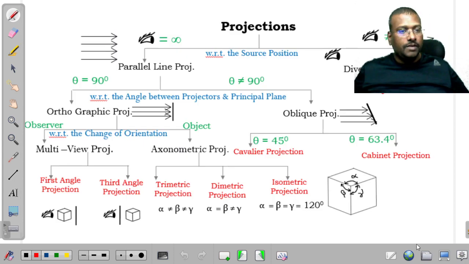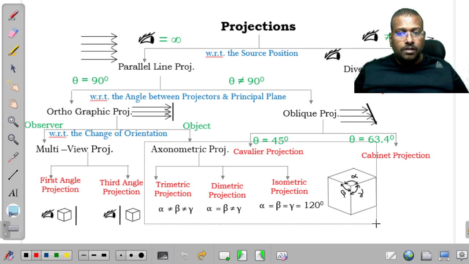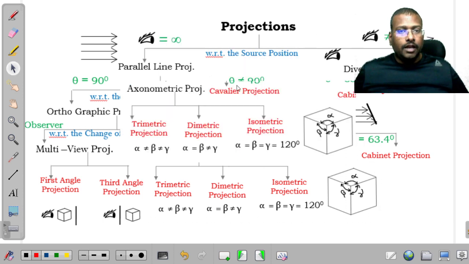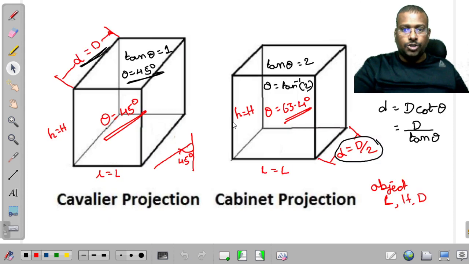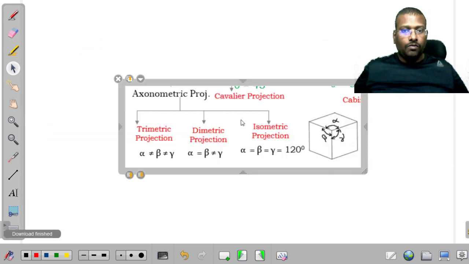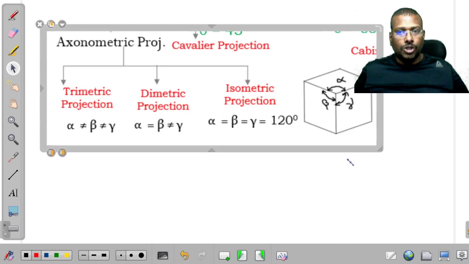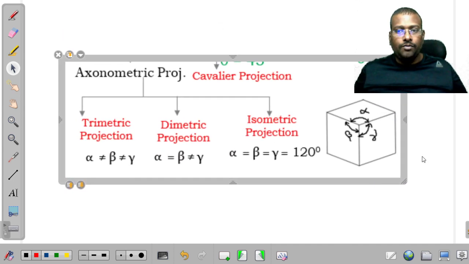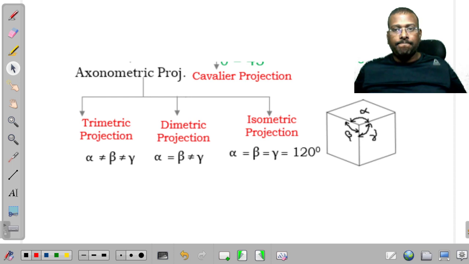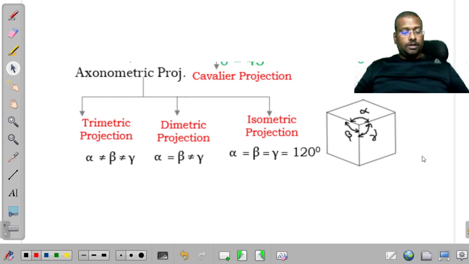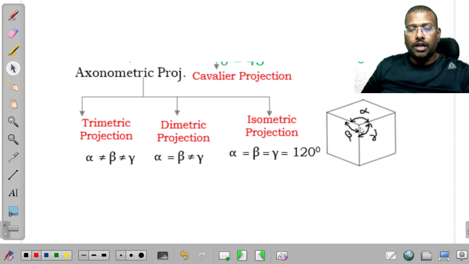For your clarity, I am going to cut this particular part and place it in another diagram, on another page, for axonometric projection. So here, alpha, beta, gamma are there.